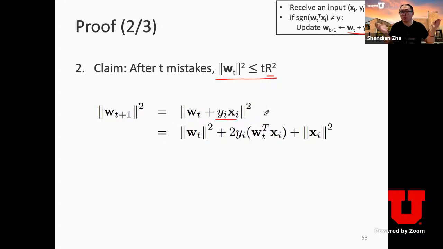So just expand this square norm. We know that it will have 3 terms: the square norm of WT, the square norm of xi, and the cross term. The cross term must have a coefficient of 2, because it will appear twice if you directly expand it. So it's 2 yi WT transpose xi.